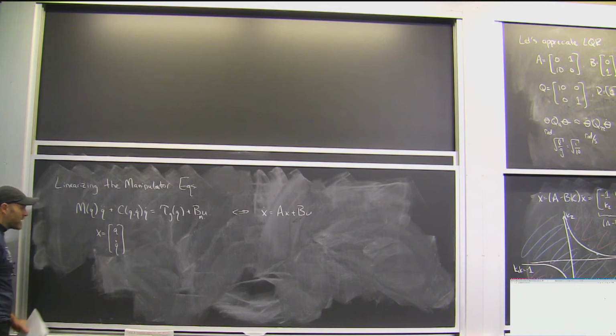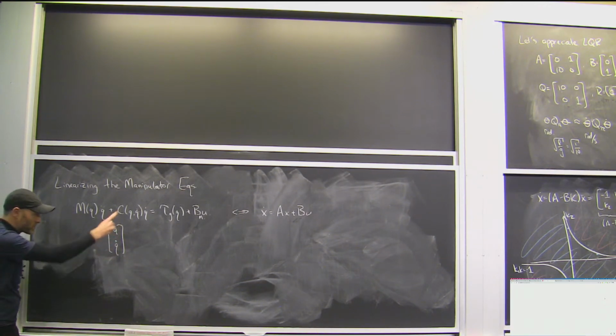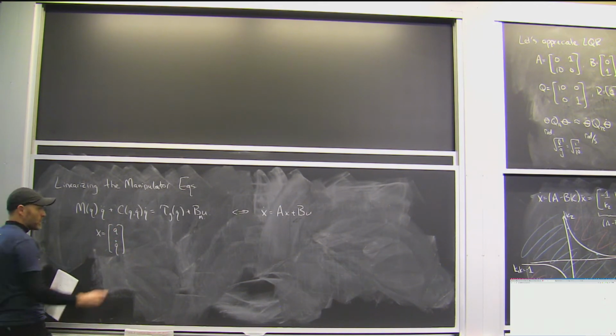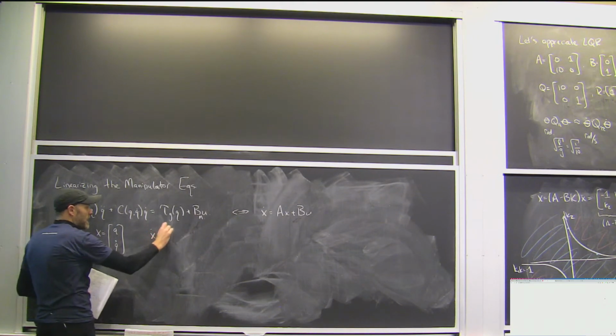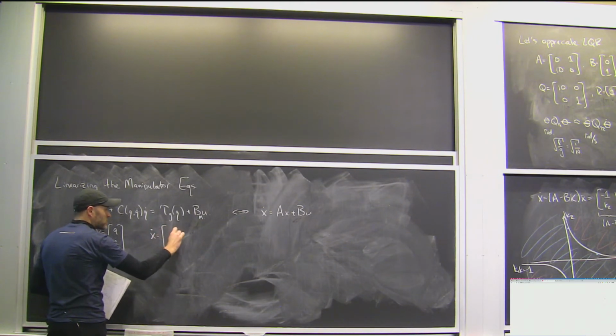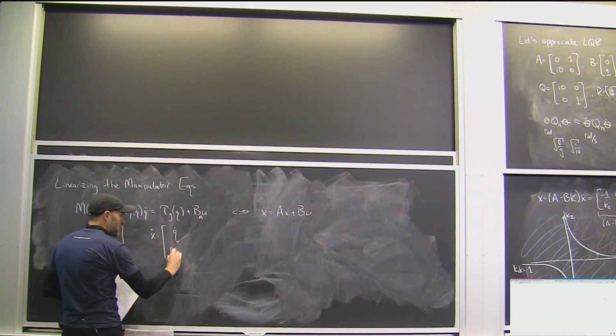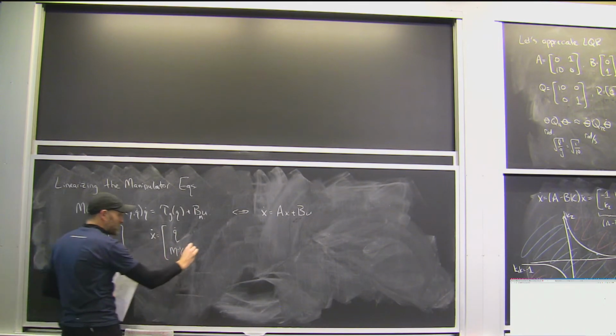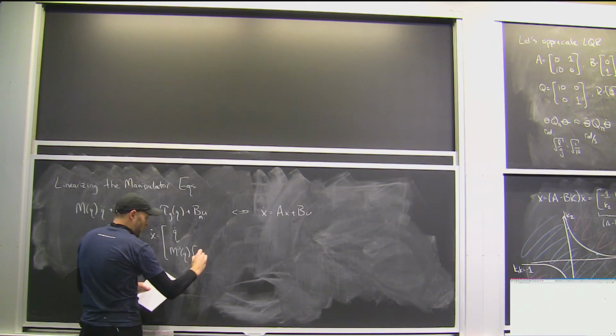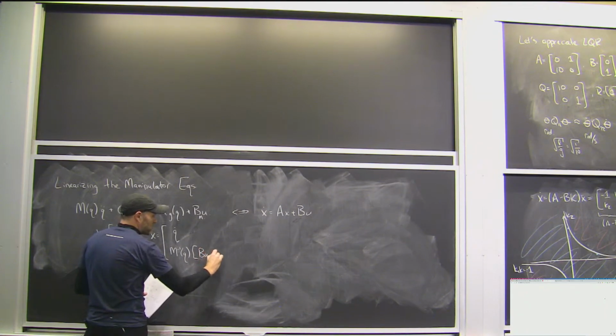In general, I've got x is just q dot. U, of course, I've already got as a vector here. X dot has all this same beautiful structure where the top is simple. It's just q dot. The bottom looks scary, honestly, because it's got this M inverse here, and then it's got all my simpler terms on the inside.